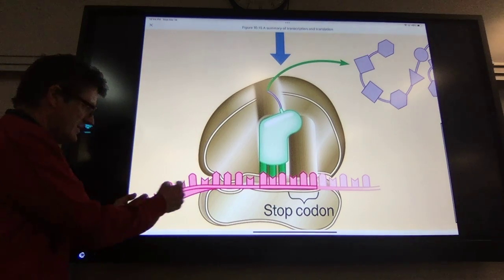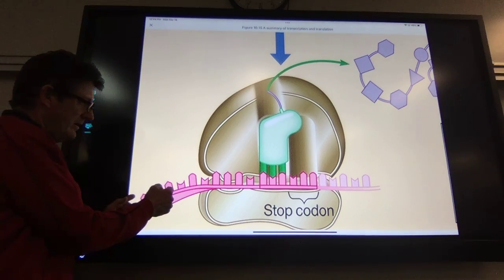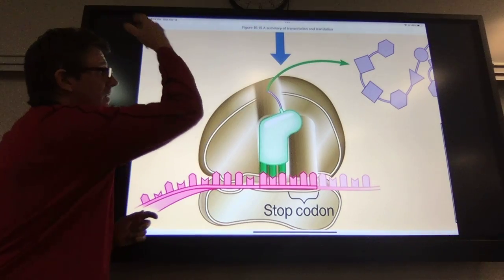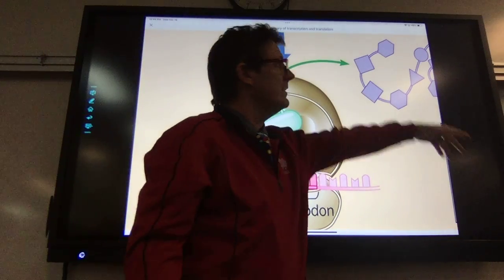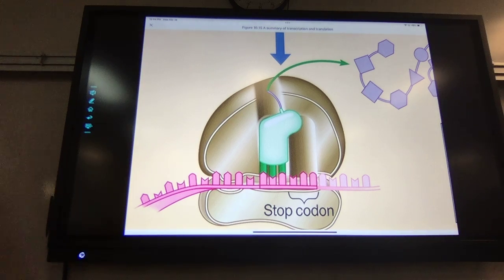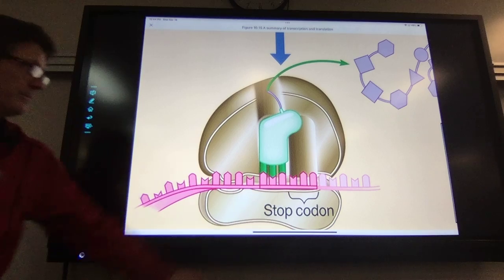When it gets to the stop codon right here, it's going to let go of all of these and let all the proteins go. And it's not going to add any more to it. Oh yeah, they labeled the stop codon right there.